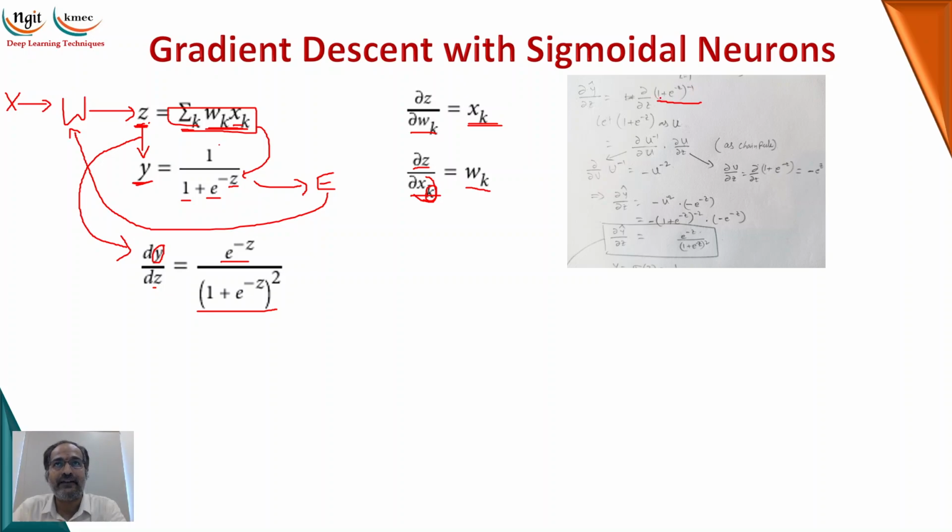So I am replacing that with this. Now let us take 1 plus e power minus z as u, and now this equation will become dou u inverse by dou u into dou u by dou z.